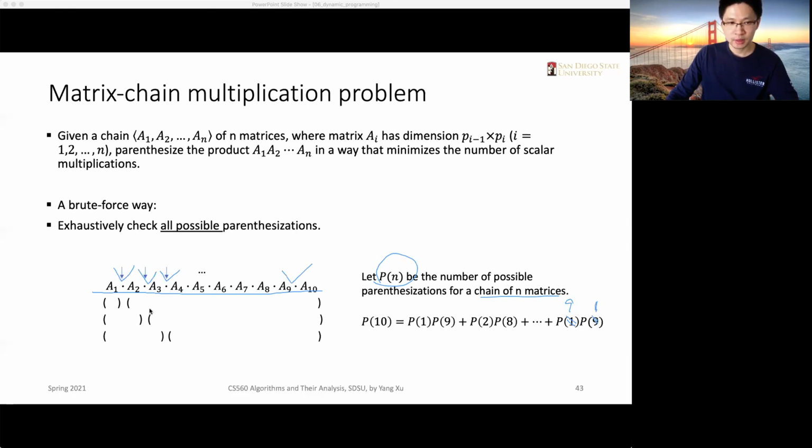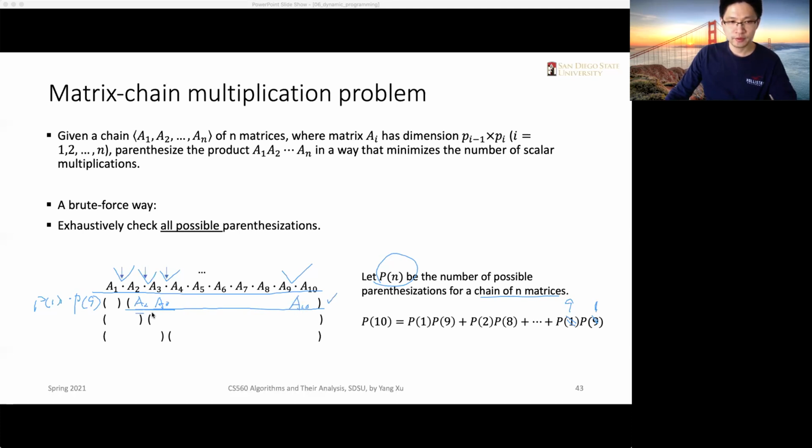It should be A9, P of 9 times P of 1. So in the case of P1 times P9, this P of 9 is itself a subproblem that needs to be solved as well. In this P of 9, it's A2 times A3 until A10.